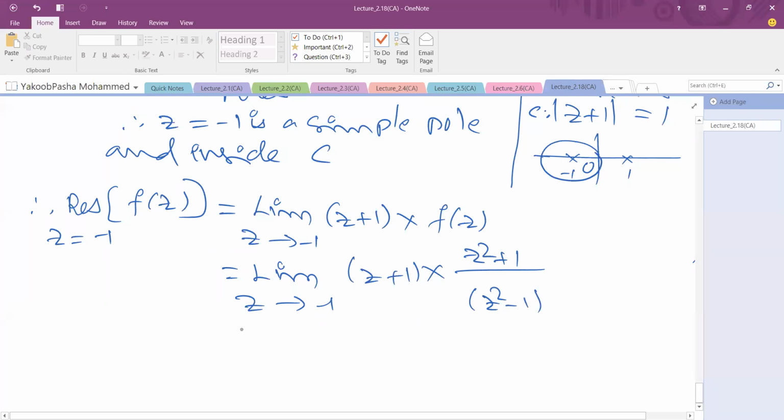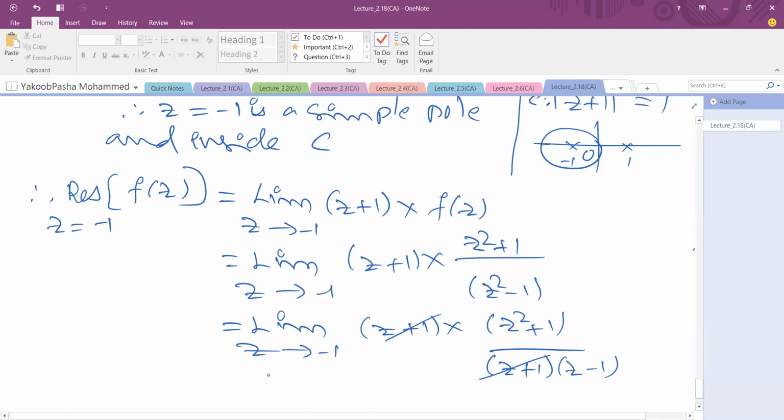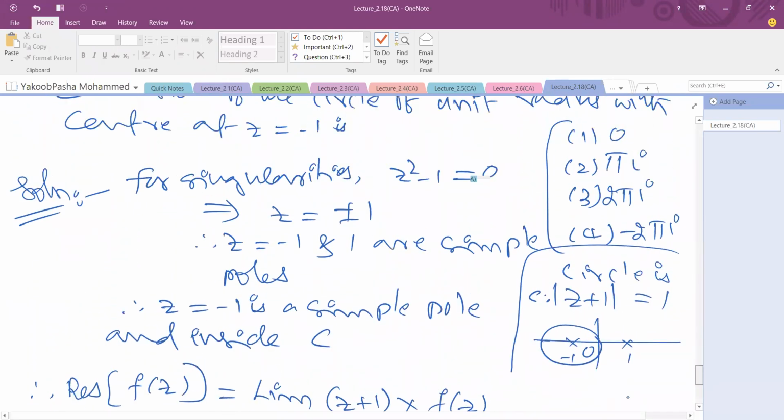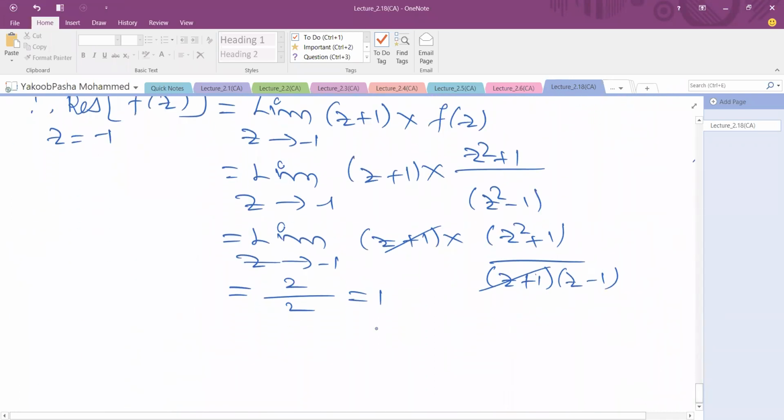So this is equal to limit z tends to -1, z plus 1 into (z square plus 1), divided by (z plus 1) into (z minus 1). Okay. Here z plus 1 will be cancelled, and apply z equal to -1 here. So the numerator 2, denominator also 2. Sir, denominator -2, sir. Yeah, -1 -1. Okay, -2.